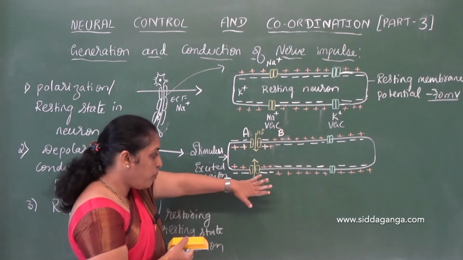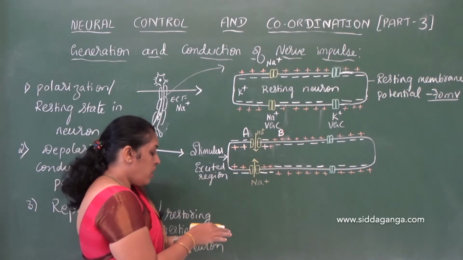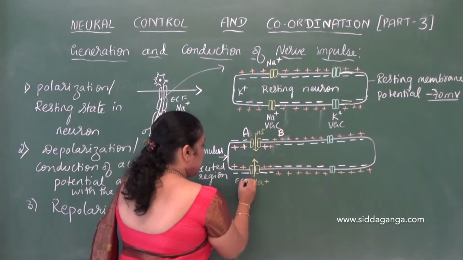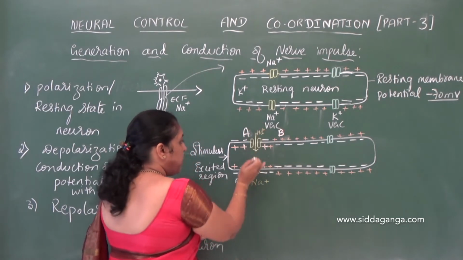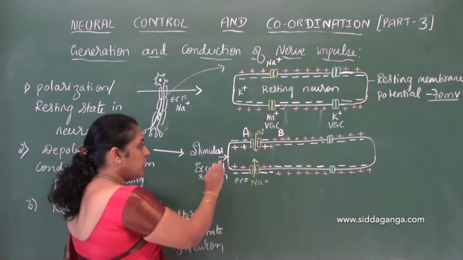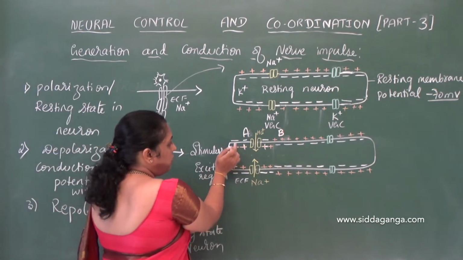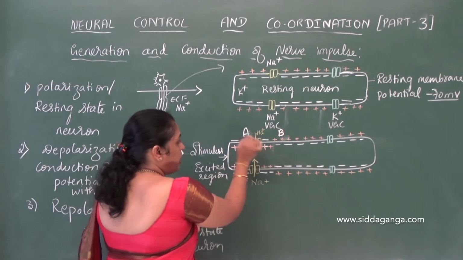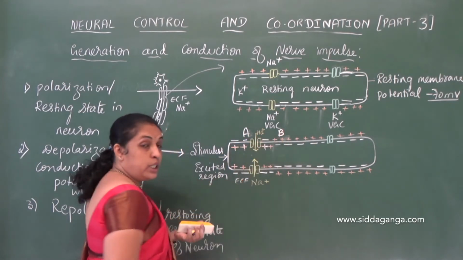Then sodium moves from the extracellular fluid into the axoplasm. This rapid inward movement of sodium results in reversal of polarity. That means inside we see positive charge, outside we see negative charge.